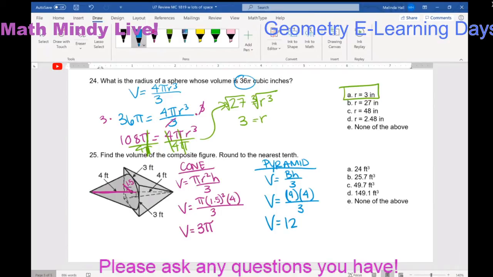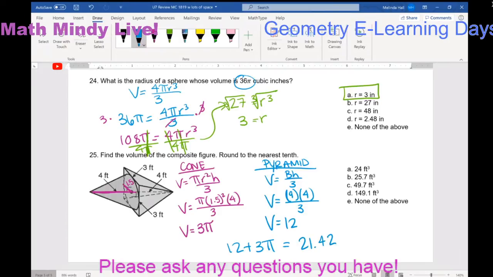because I want the volume of the entire thing, I would do 12 plus 3 pi, which again, if you can put this all into your calculator without any rounding, then that is your ideal case, but I know that it's kind of hard sometimes, so I get it. But when you do that, oops, I did not do it right though. 3 times pi would be 9.424 plus the 12 we just solved for would end up working out to be about 21.42.